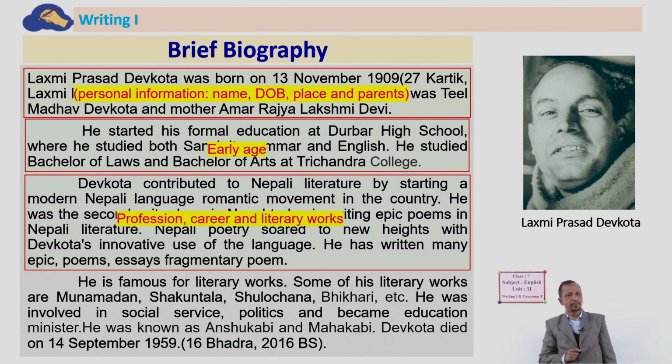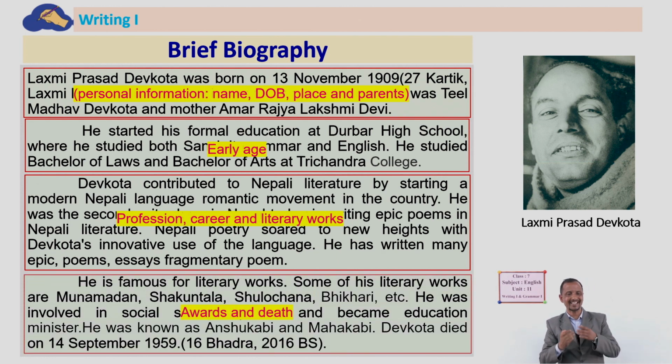And now, profession, career, literary works in third paragraph. Finally, awards and death are included in the last paragraph. So, dear students, here you can see the items are sequenced according to the lifespan of a particular person. That means here, Lakshmi Prasad Devkota.